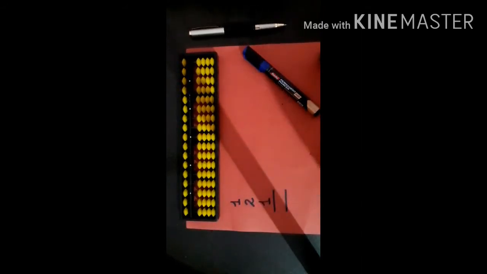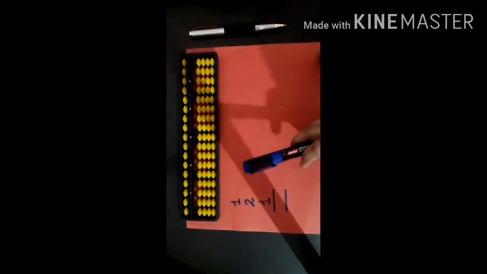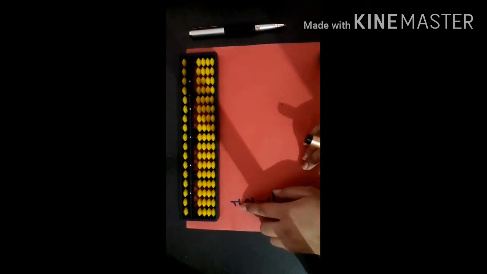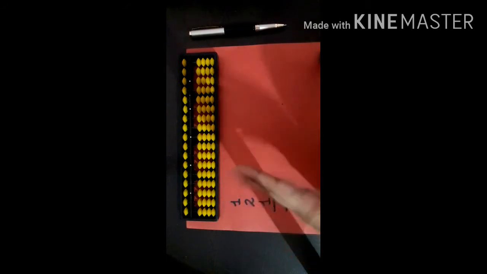Now I have told you where you have to do the calculation. Yes, in this rod. Now students, first of all there is 1. See, is any sign there in front of 1? No, nothing is there.